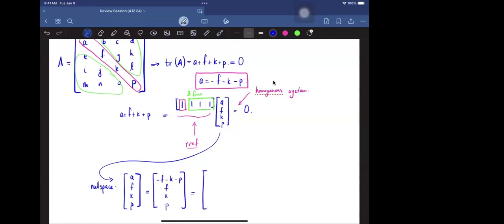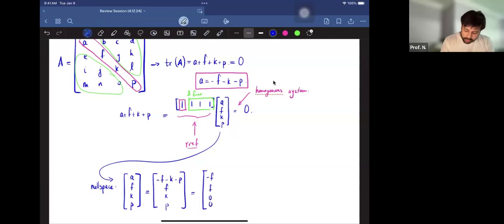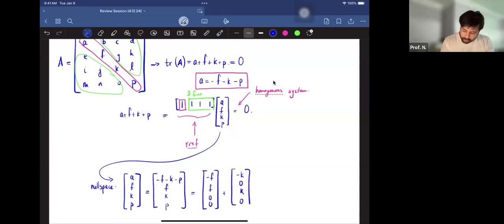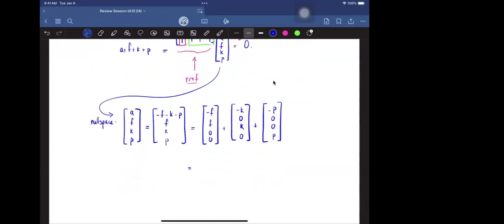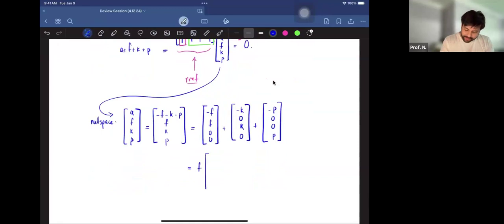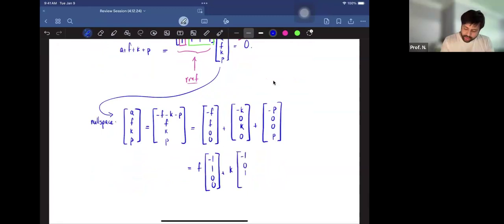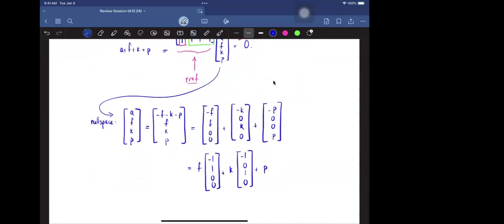F times negative 1, 1, 0, 0, plus K times negative 1, 0, 1, 0, and then P times negative 1, 0, 0, 1.